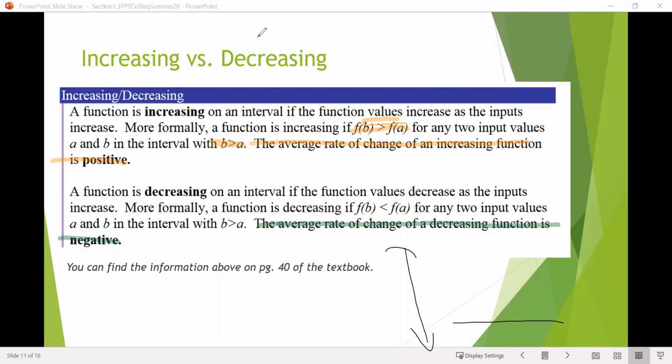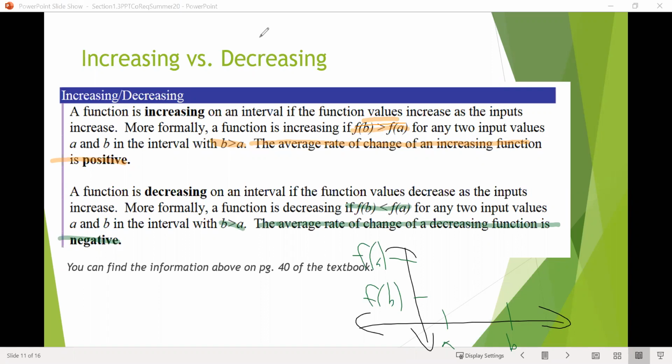To connect this to the other part of the definition, I'm drawing a picture here. Again, we're going to have b greater than a, so b is still bigger than the value of a. But in this case, we have that f of b is less than f of a. So f of b would be down here, and f of a would be up here.